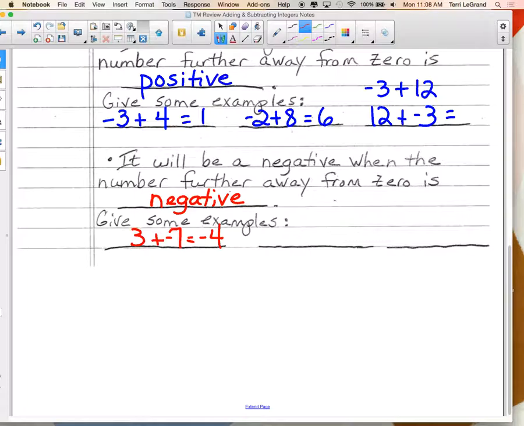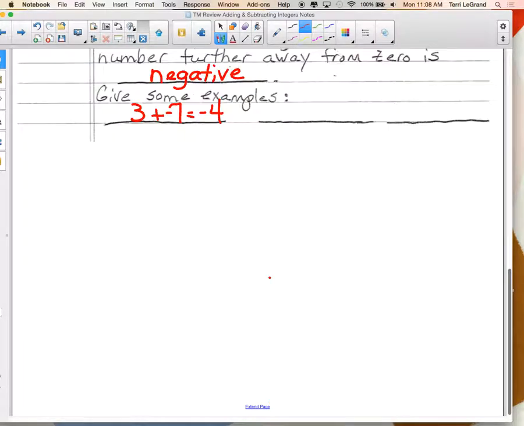Kaylee, are you ready? Throw it out there, because if you mess up, we're pretty kind, we help. -5 plus 2.